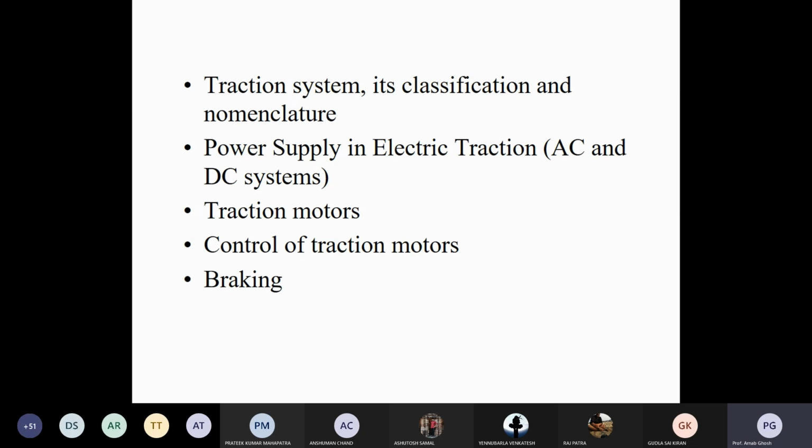In a DC motor the sizing of the motor is quite big, but for the same rating, the induction motor is comparatively lesser in size and weight. So some specific differences are there.